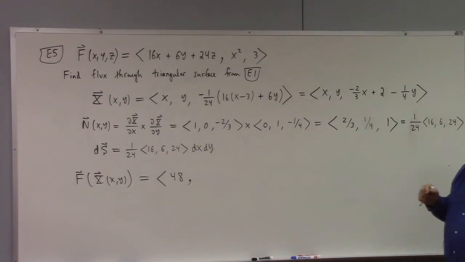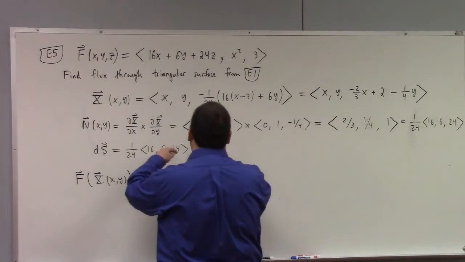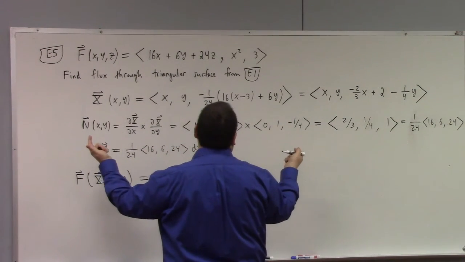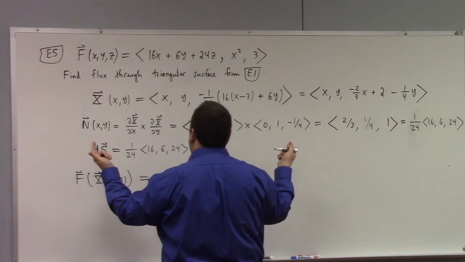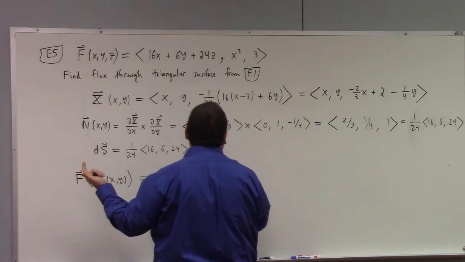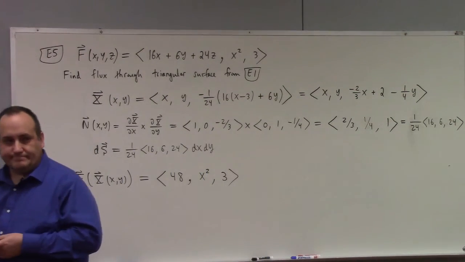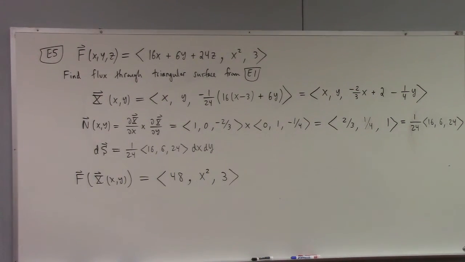On the other hand, what's next? x squared. What's x squared work out to when you plug in the parametric formulas here? It's kind of anticlimactic, but x squared is, well, x squared. And then there's 3. All right, so we're almost where we need to be.